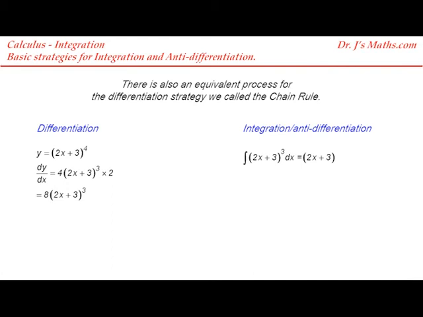Here we start by rewriting the brackets with the 2x plus 3, adding the 1 to the index, 3 plus 1 is 4. Then we divide by the new index, which is 4, and we also divide by the derivative of what's inside the brackets, which is a 2. And then we tidy that up to give us (2x plus 3) to the 4th over 8 plus the constant c.